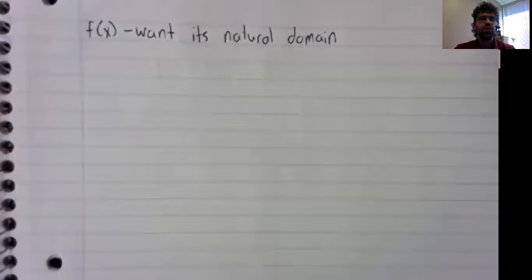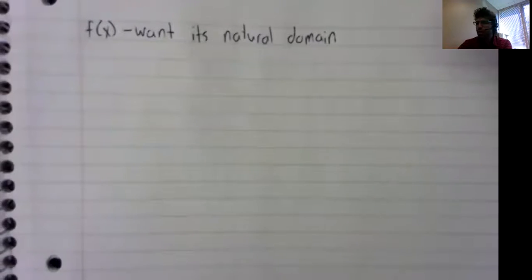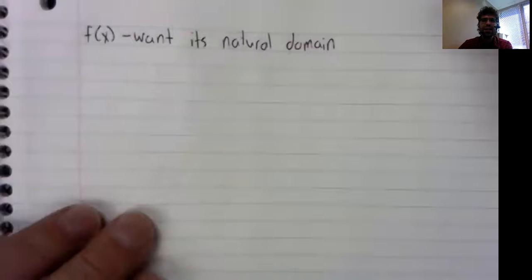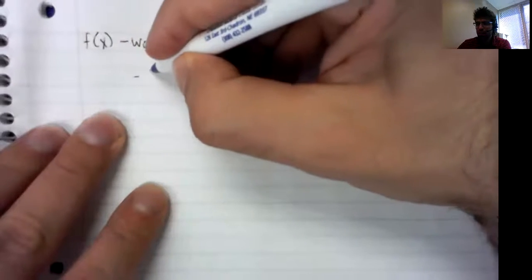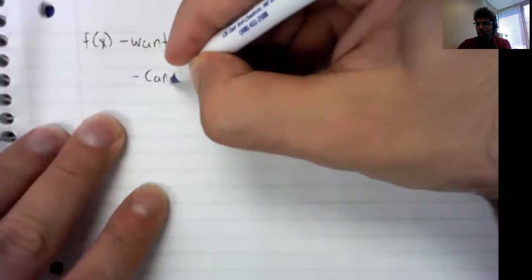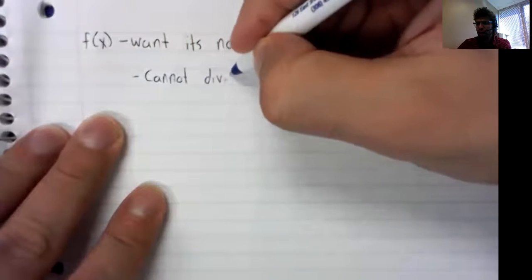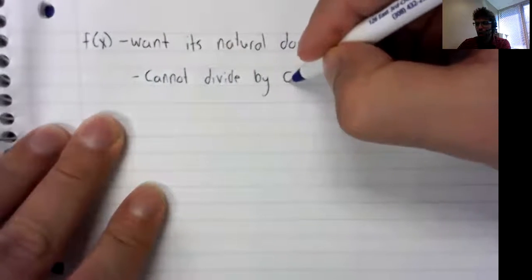Well, so far, there are two ways to not be in the natural domain. We cannot divide by 0.